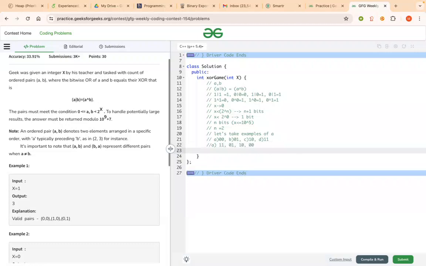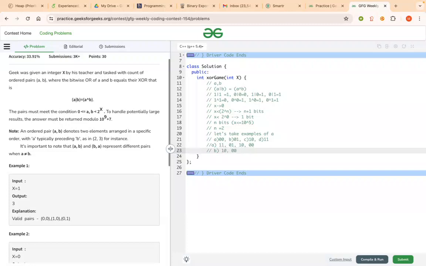So now let's try to make set examples for b. So for b, what can be the other pair? For the first position we have 0, so we can have 1 0 there, or we can have 0 0 there, right?